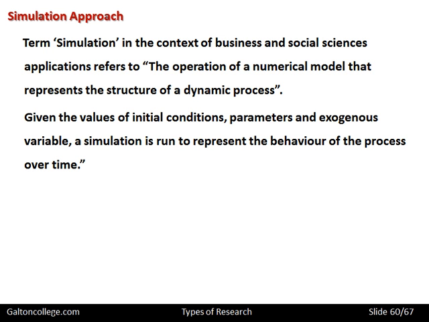So there's the initial condition, the initial price of the product, let's say. The parameters, an exogenous variable. Well, the parameters are how much income do people have to spend on the product, how much employment is there in the area, what's the population size of the area, what are the past sales like in the area. These are the parameters, let's say, if we're talking about looking at the demand for a product.